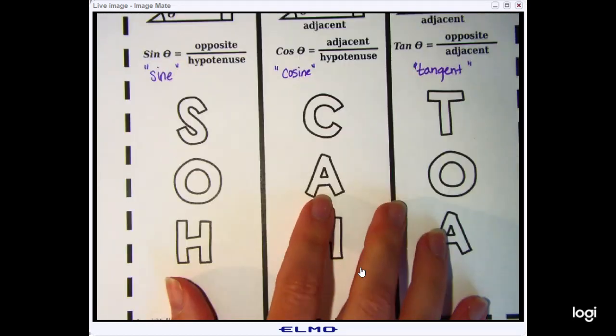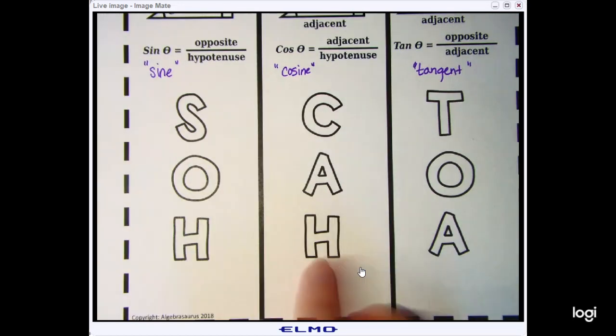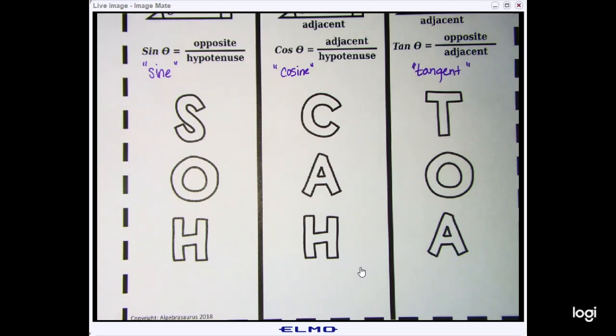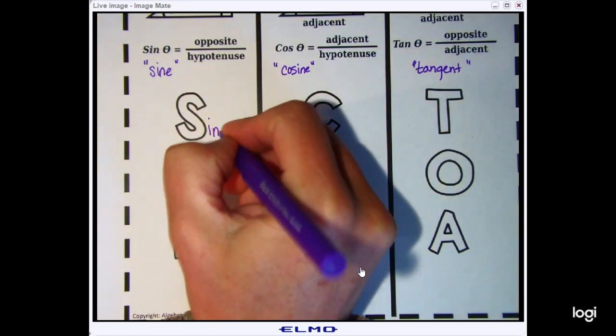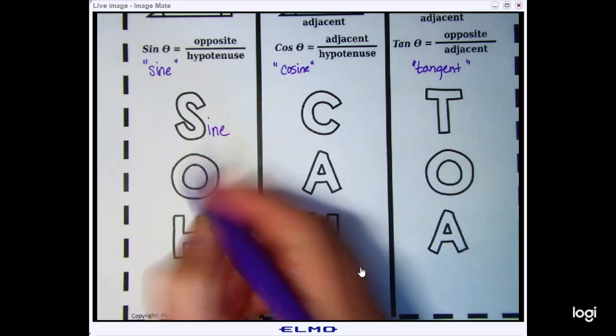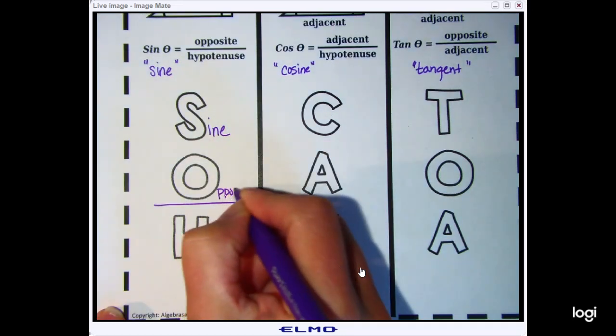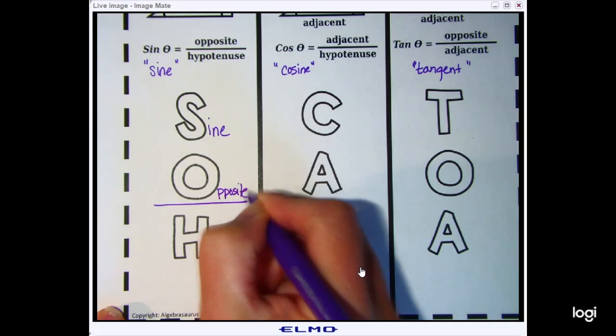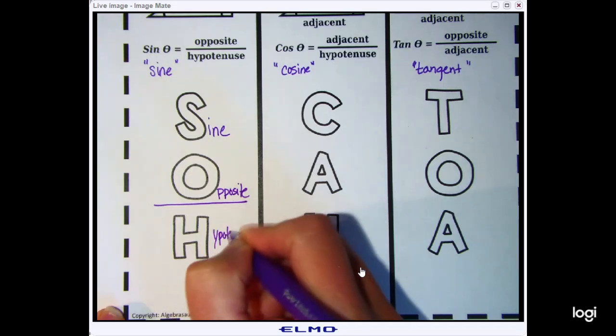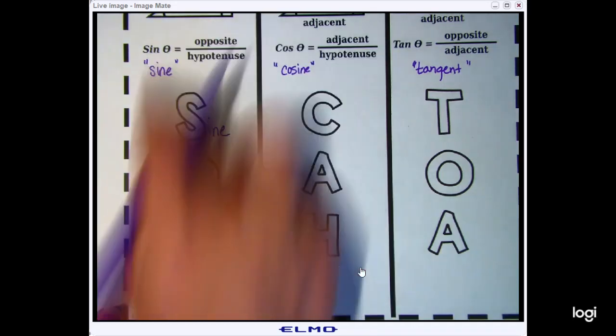And this little mnemonic tool right here helps you determine what sides we use for which trig function. Sine, let me grab a different marker here. Sine is the opposite over the hypotenuse.